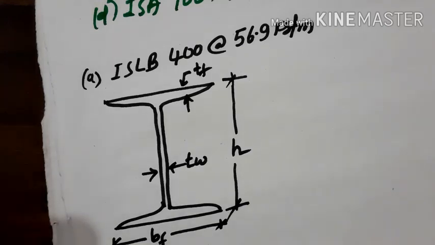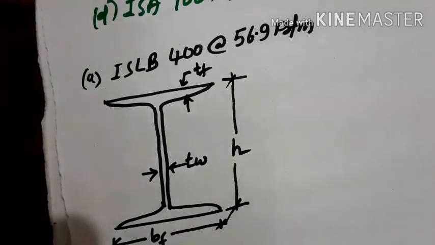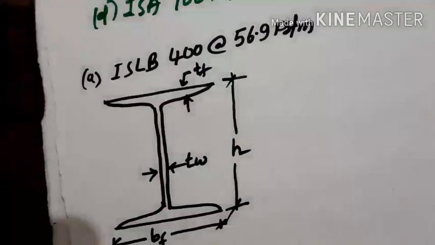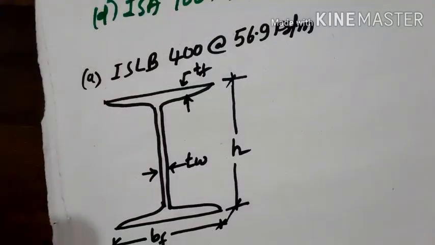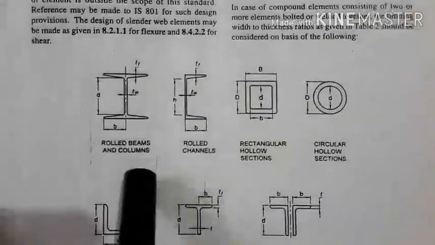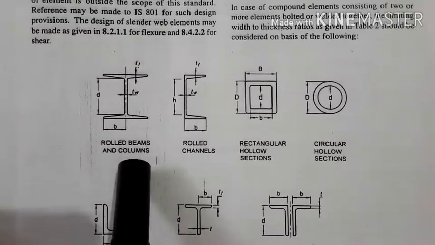Then as per the code, if we want to classify the sections, the figure given here is used. So look at this figure: I section, rolled beams and columns.